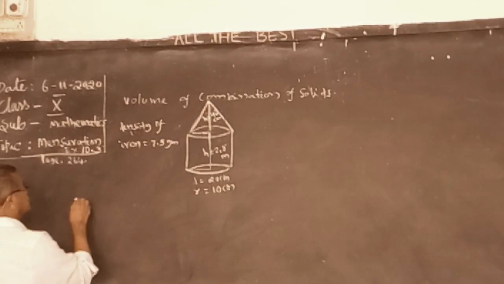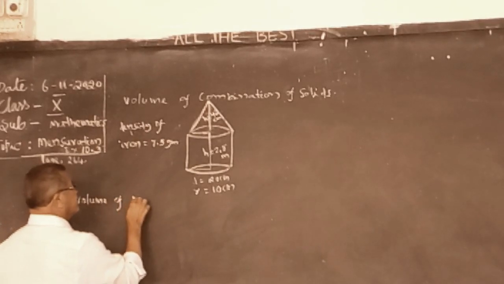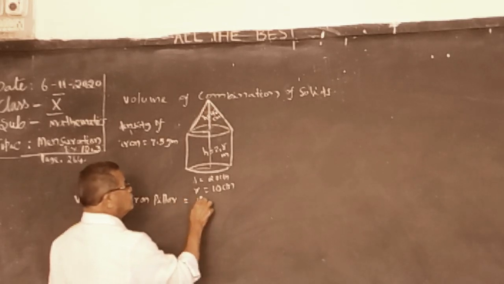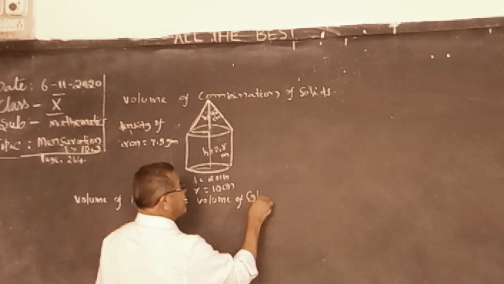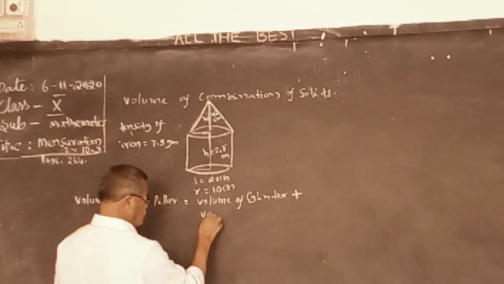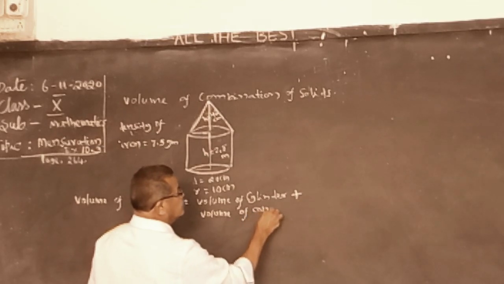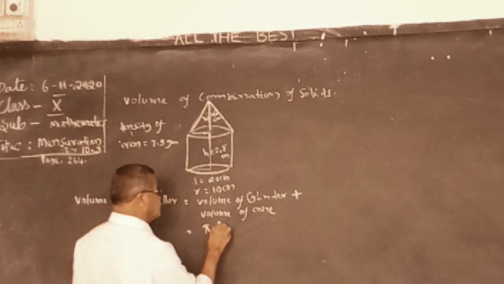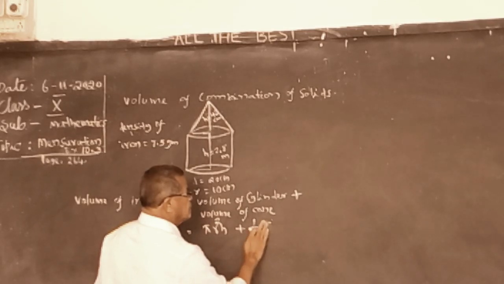So volume of the iron pillar given is equal to volume of cylinder plus volume of cone. Volume of the cylinder formula pi r squared h. Volume of the cone 1/3 pi r square h.